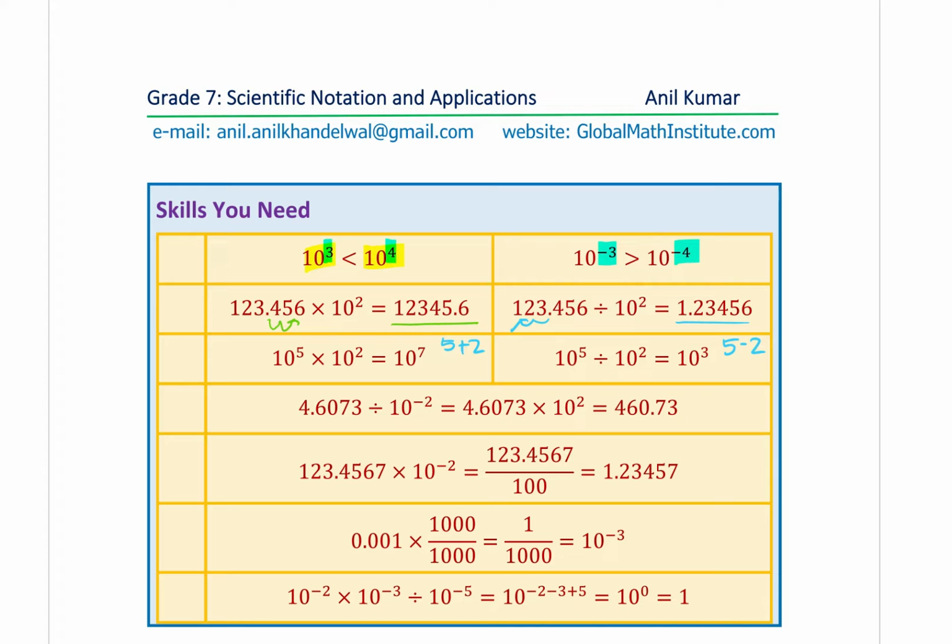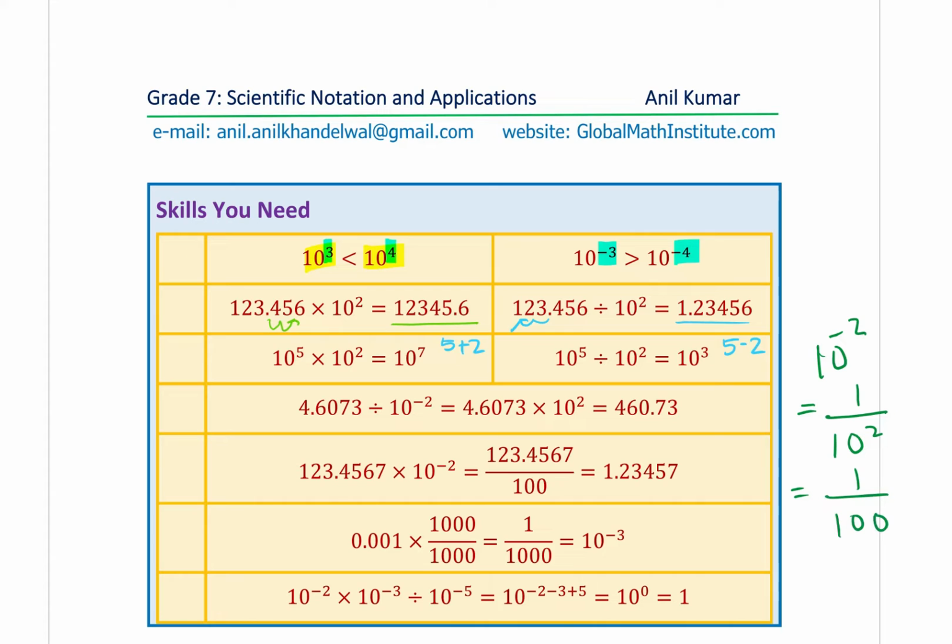Now, when you divide by any number, it is the same as multiplying by the reciprocal, and that is what we are trying to say here. 4.6073 divided by 10 to the power of minus 2 is 4.6073 times 10 to the power of 2. So remember, when I say 10 to the power of minus 2, it really means what? It means 1 over 10 to the power of 2, which is 1 over 100.